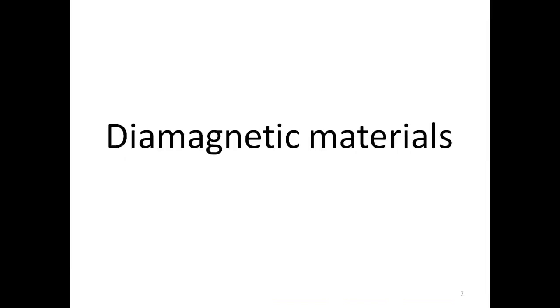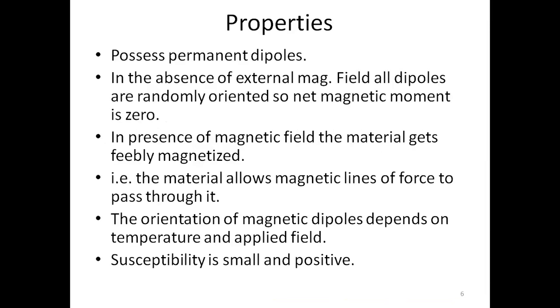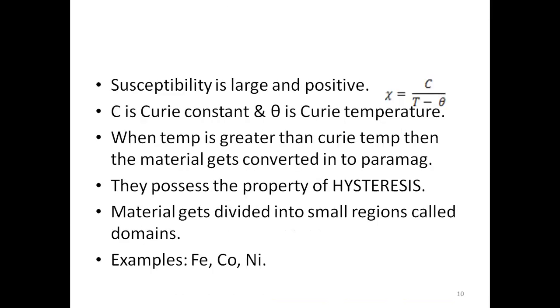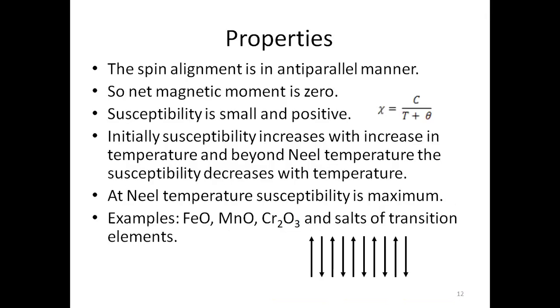In today's class, we started our topic of the classification of materials, and we discussed diamagnetic material, the properties of diamagnetic and paramagnetic materials, and also the ferromagnetic materials, right? And also anti-ferromagnetic material and so on.